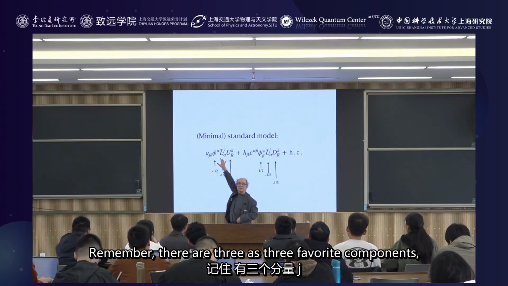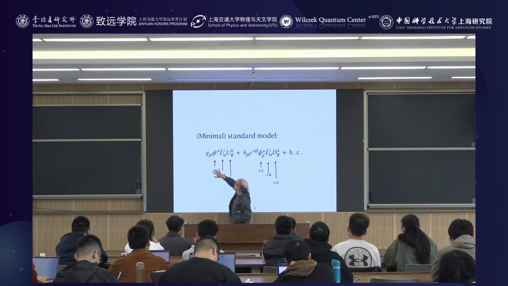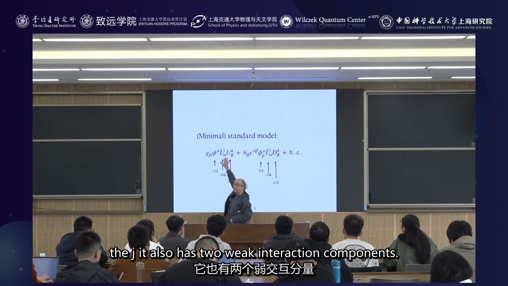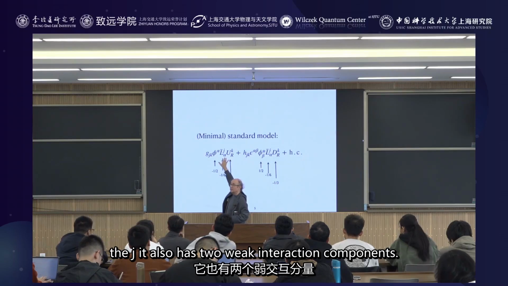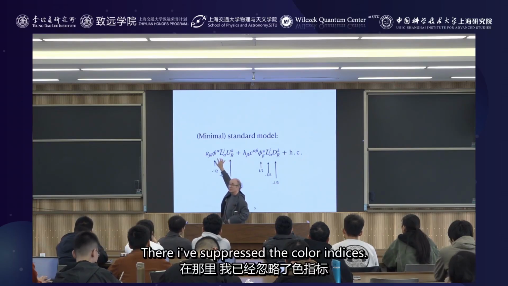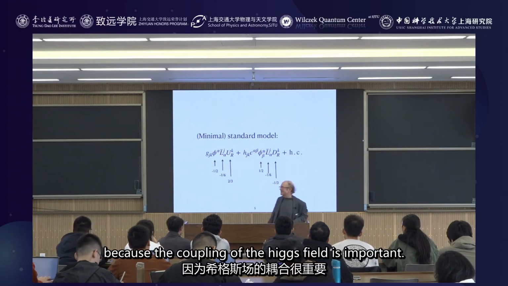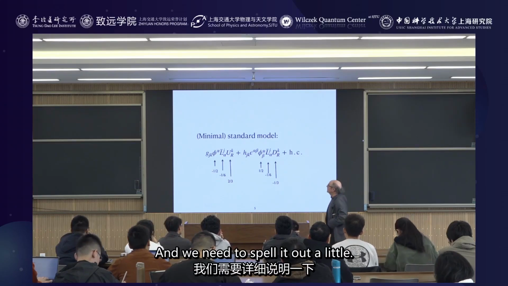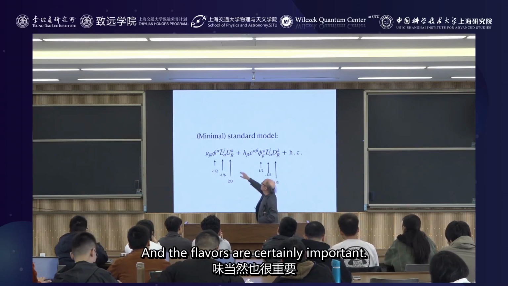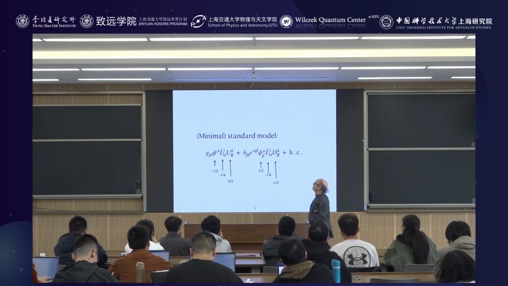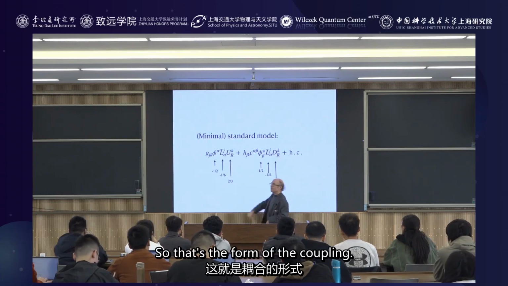Remember, it has 3 flavor components. It also has 2 weak interaction components. I've suppressed the color indices, but I wanted to show those 2 because the coupling to the Higgs field is important, and we need to spell it out a little, and the flavors are certainly important. Okay, so that's the form of the coupling.